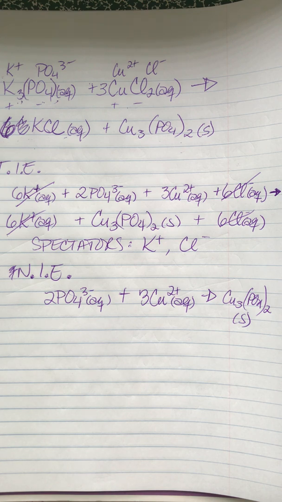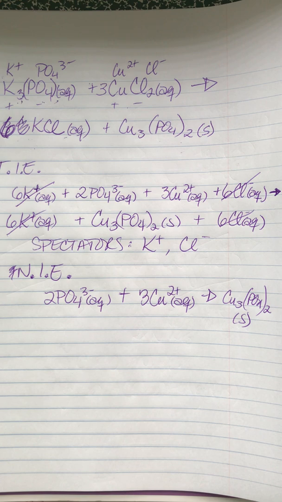A lot of the times I'll ask you parts of those questions, not the whole thing. It's difficult for me to ask you for a whole TIE and NIE because there are a lot of opportunities to lose points on those. So a lot of the times I'll say, here's a chemical reaction, a double displacement. I gave you the balanced reaction.